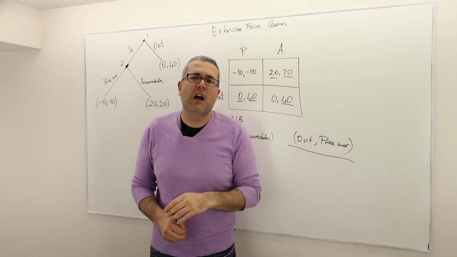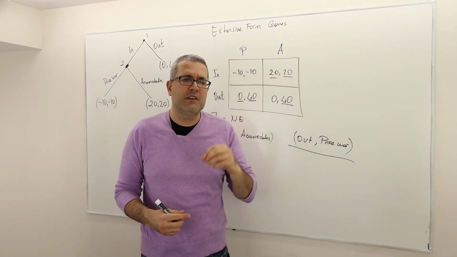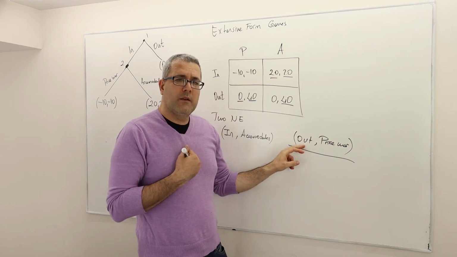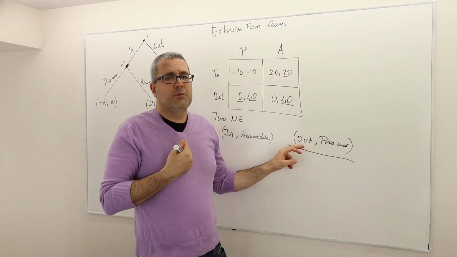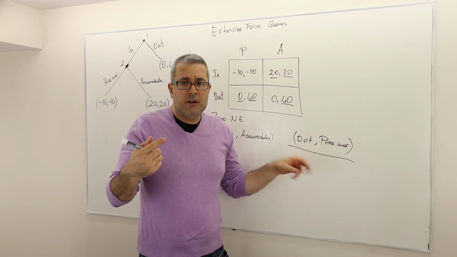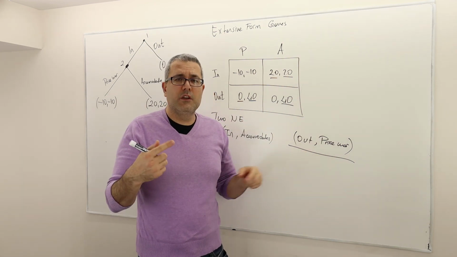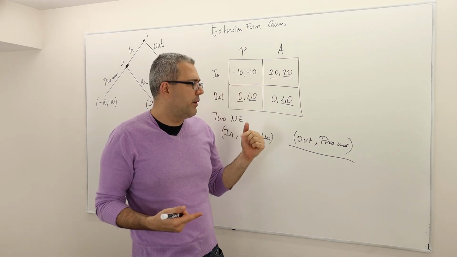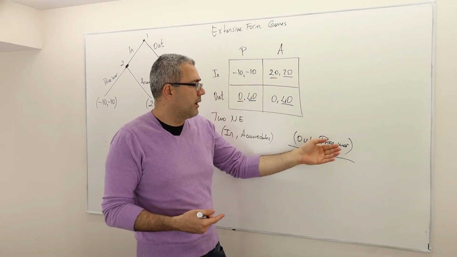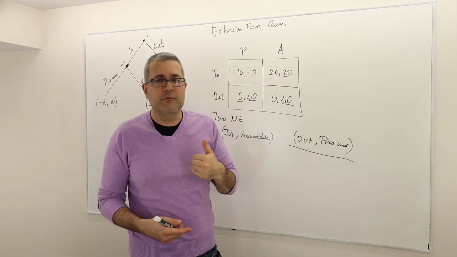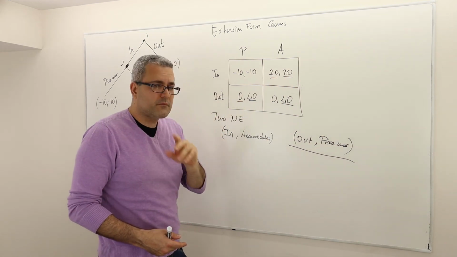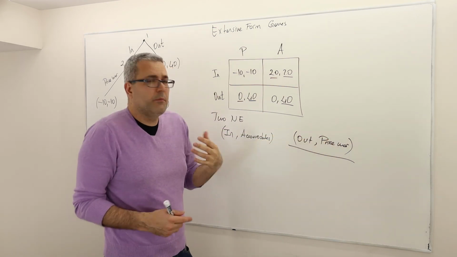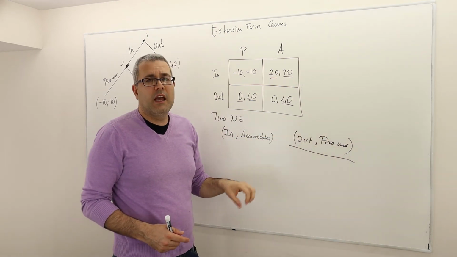So remember the concept of Nash Equilibrium: each player best responds to his or her opponent. Here, as player one, staying out is the best response for me because I believe that my opponent is going to start a price war, in which case I'm going to get a minus 10 payoff. So for that reason, my best response is to stay out. Symmetrically, starting a price war is a best response to staying out. Why is that?